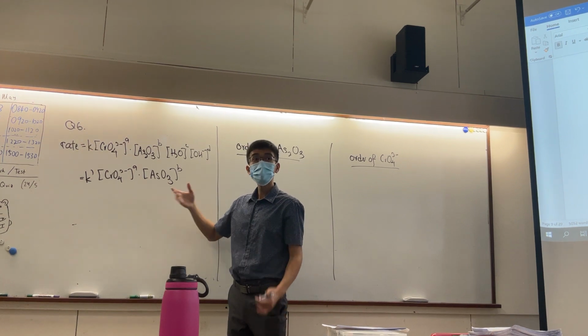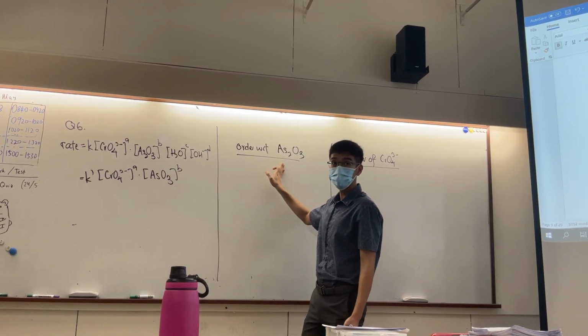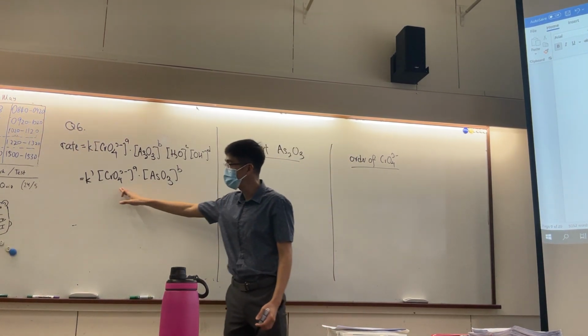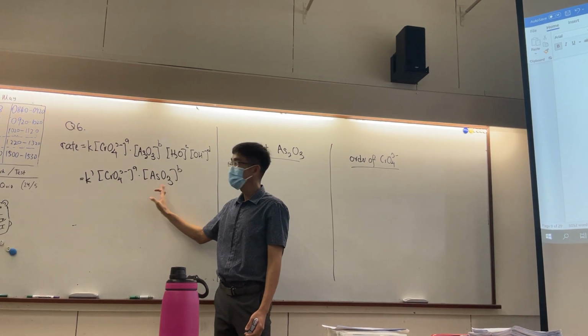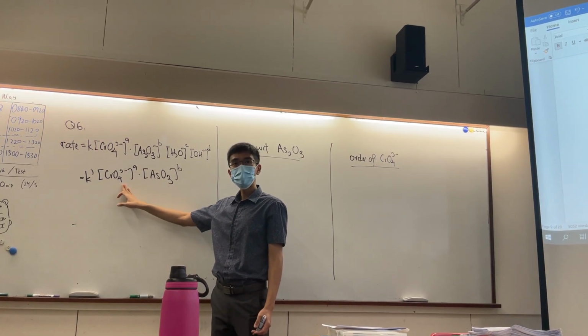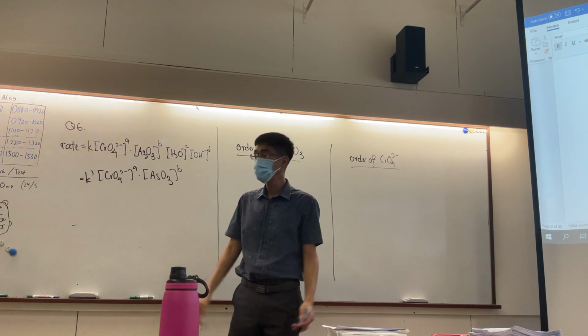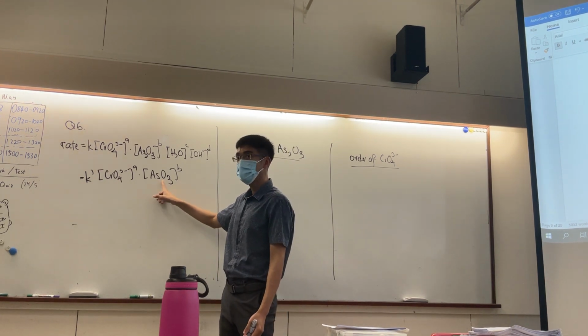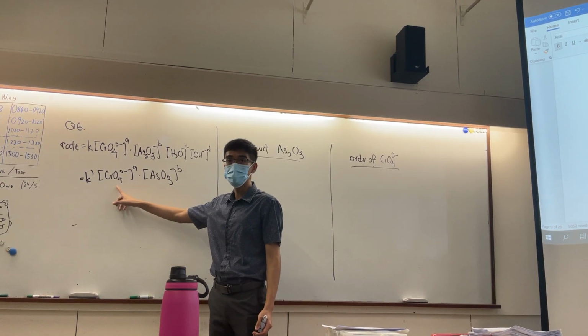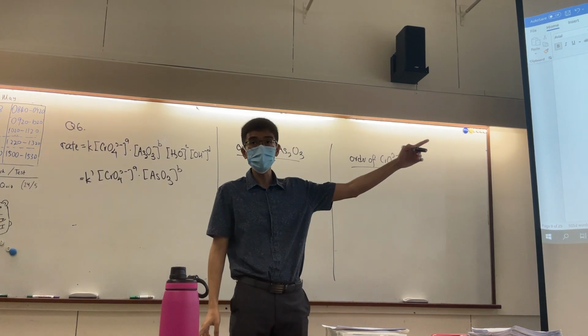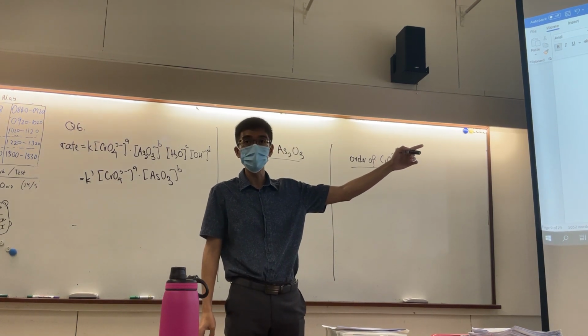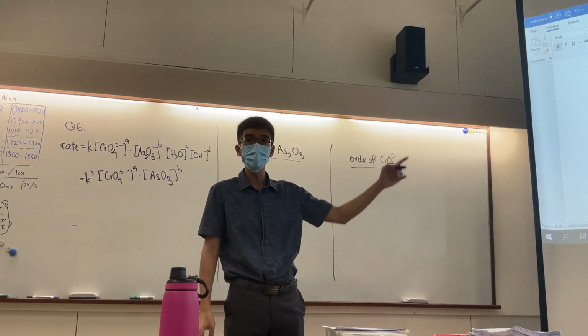I want to find the order with respect to this one. Which one of these two must change? This one must remain constant. So if I want this one to change, but I want this one to remain constant, do I only look at one of the two experiments, or do I consider both experiments?